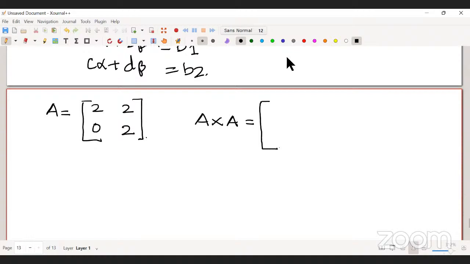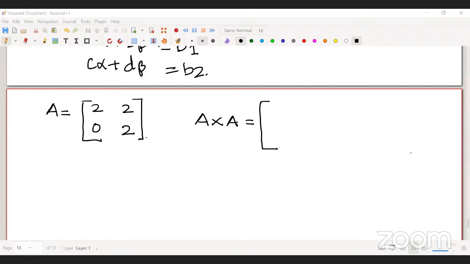That is also possible. But I think we cannot take 2 times 2 as common because it's a matrix. You can take only 2 as common. Basically, you have to take 2 common from all the entries, I'm saying, not from the row and column.